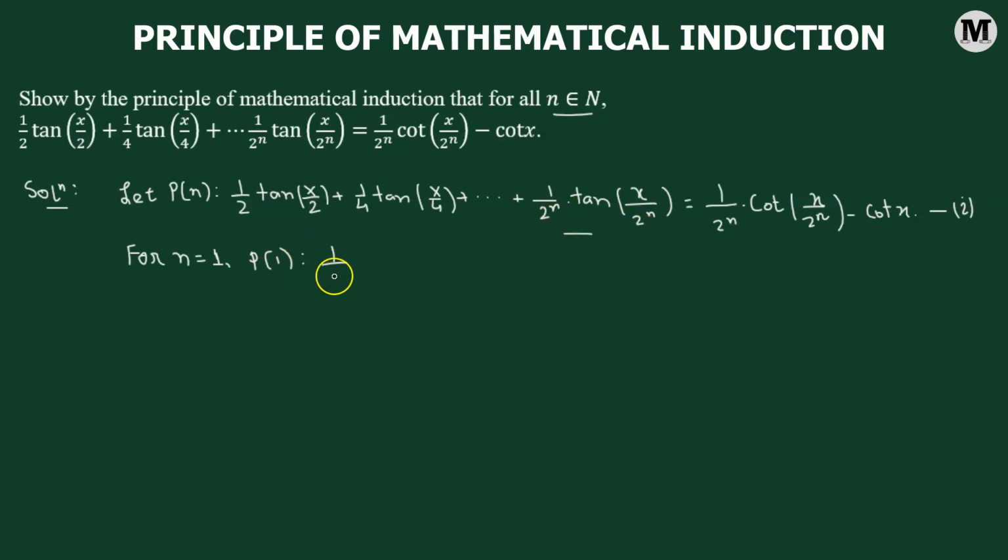That gives us 1 over 2 multiplied to tangent of x over 2, and this is equal to the expression on the right hand side, where we replace n with 1: half cotangent of x over 2 minus cotangent of x. However, we see that the left hand side is not equal to the right hand side, which means we'll need to manipulate the expression on the right hand side to make it equal to the left hand side.